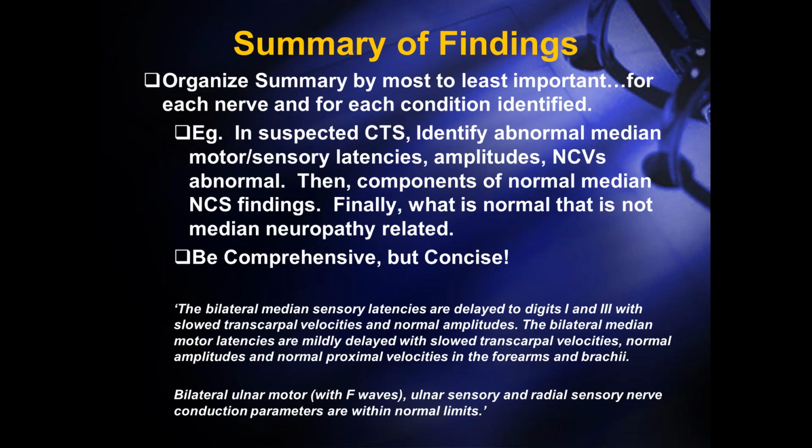So, examples. In carpal tunnel syndrome, the bilateral median sensory latencies are delayed to digits 1 and 3 with slowed transcarpal velocities, normal amplitudes. The median motor distal latencies are mildly delayed with slowed transcarpal velocities, normal amplitude, normal proximal velocities. Then what's normal?